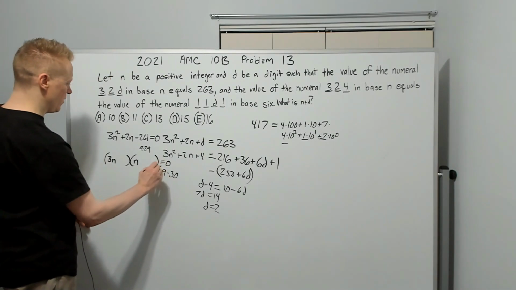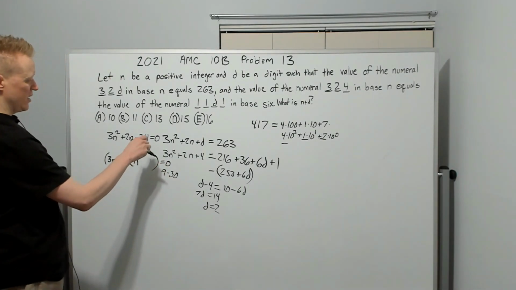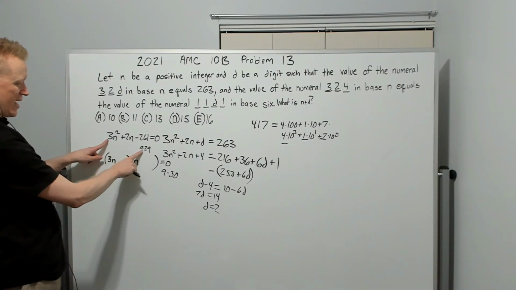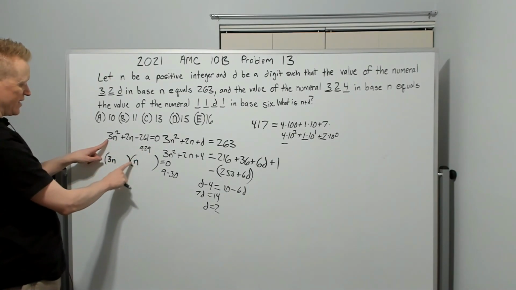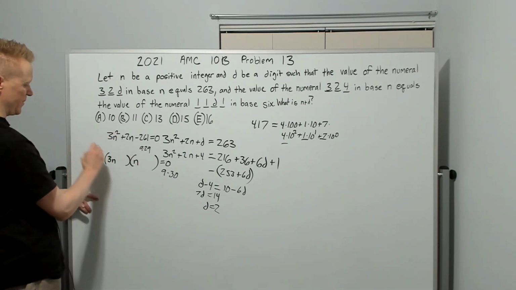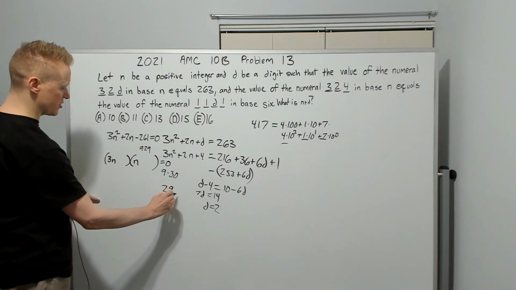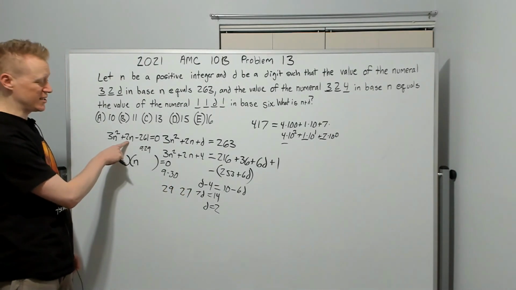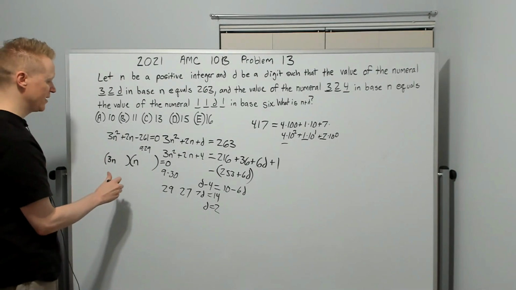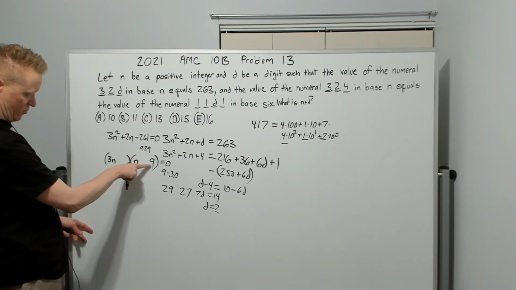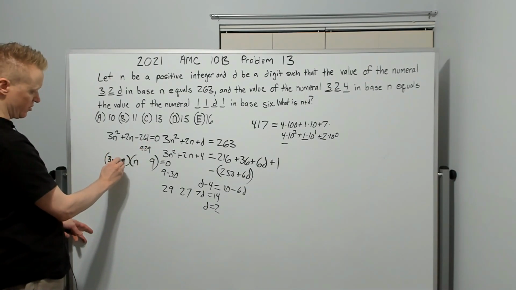And then now we're going to have to do placement of this. If I do 3 times 9, I will get a 27, and the other factor of 1 times 29 will give me a 29. If you think about those two numbers, 29 and 27, they have a difference of 2, which is exactly what we want. Therefore, the 9 of the divisor of this, the 9 will go here, and the 29 will go here.